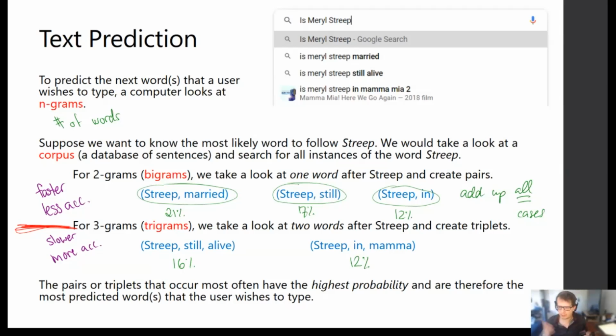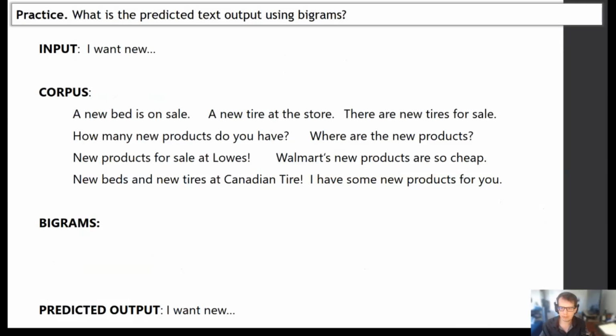So actually, why don't we try this? Let's try a very, very simple version of this just to see how this works. So let's try it with "I want new," and then we're going to see what the predicted text is.